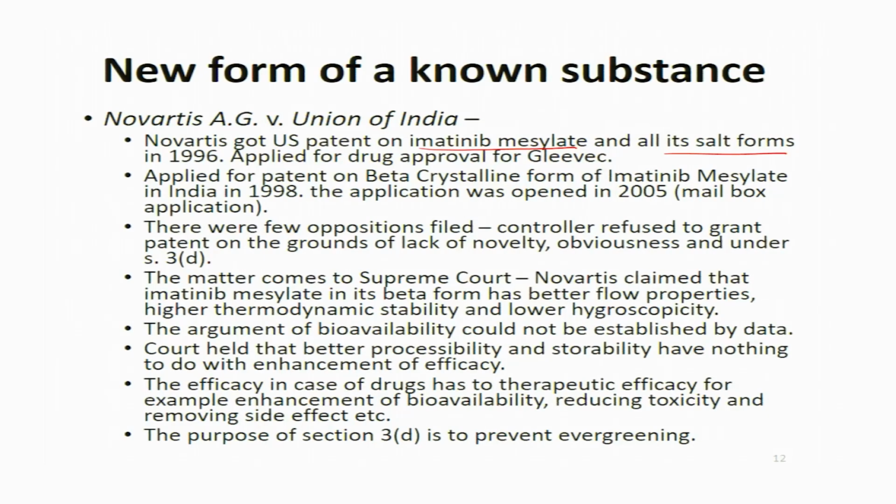The brand name of the drug was Gleevec. The active component of Gleevec was imatinib mesylate. Now in India in the year 1998, Novartis applied for a patent on the beta crystalline form of imatinib mesylate. Beta crystalline form is nothing but a new form of a known substance.